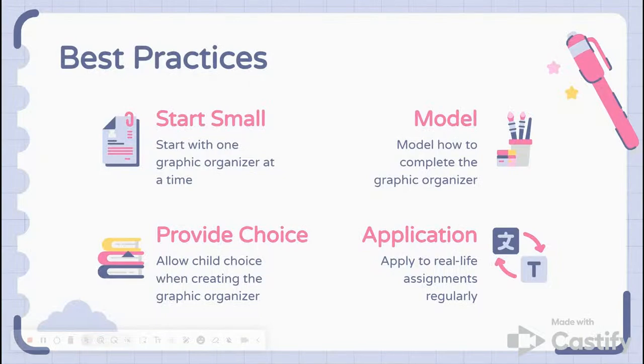Start with one graphic organizer at a time. Provide choice. Allow child choice when creating the graphic organizer. Model. Model how to complete the graphic organizer. And finally, application. Apply to real-life assignments regularly.